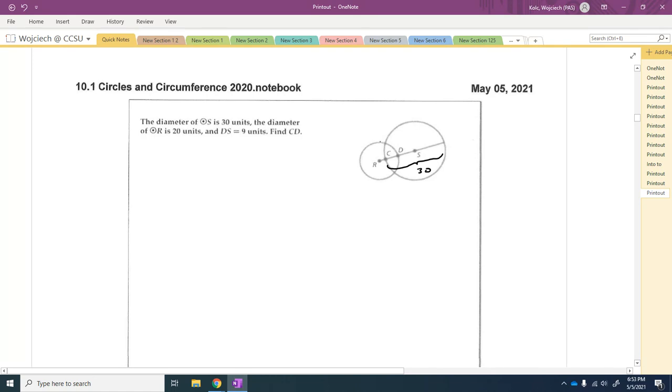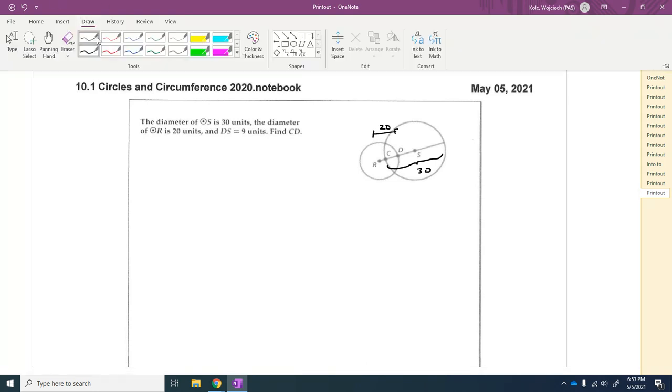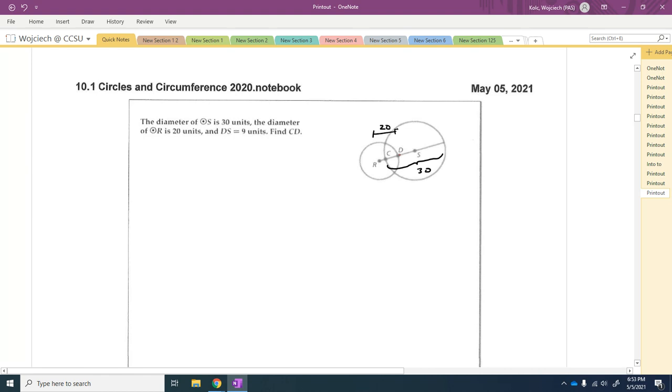So from here to here, it's 20. Segment DS, which is this segment in red, is equal to 9. The question is, how long is segment CD?